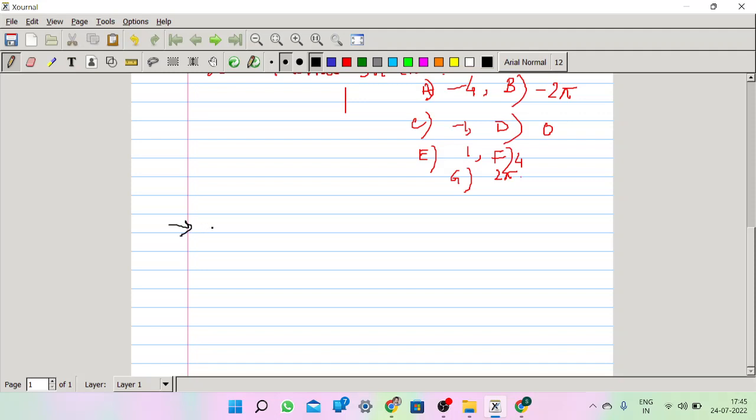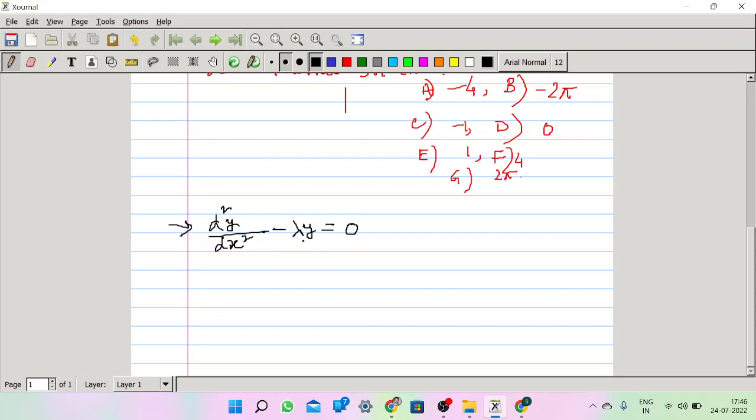Since it is a second order differential equation, d2y dx2 minus lambda y is equal to 0.